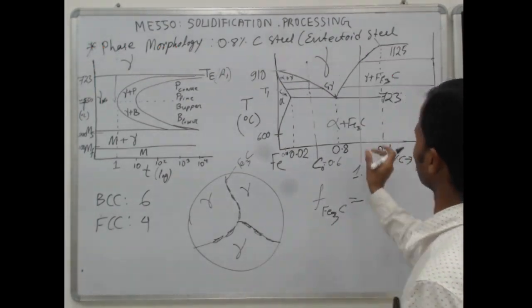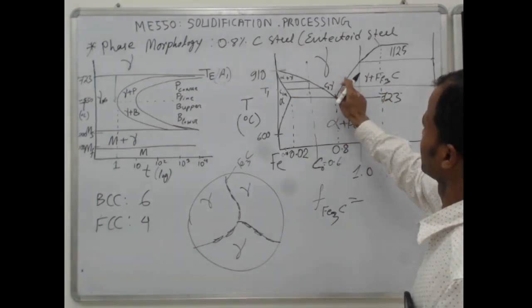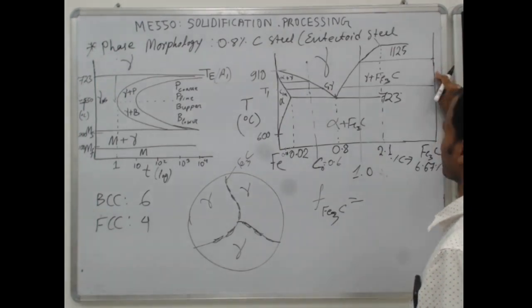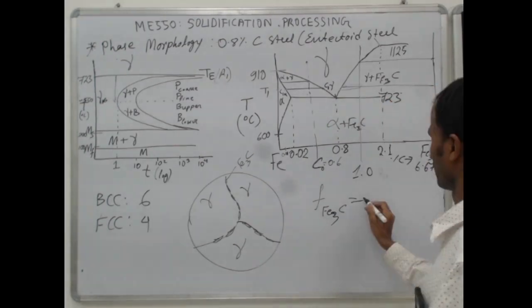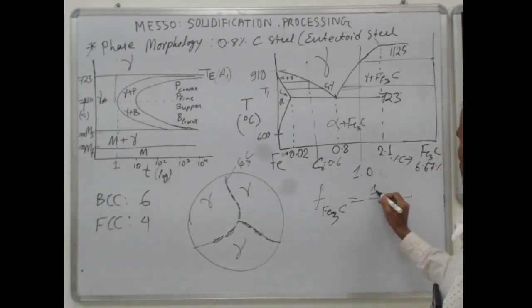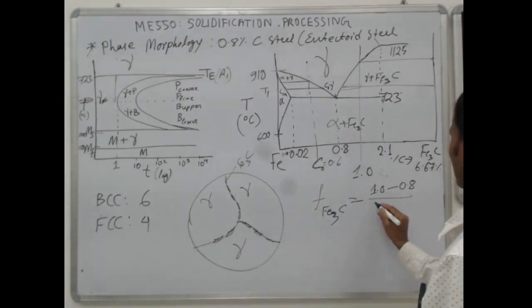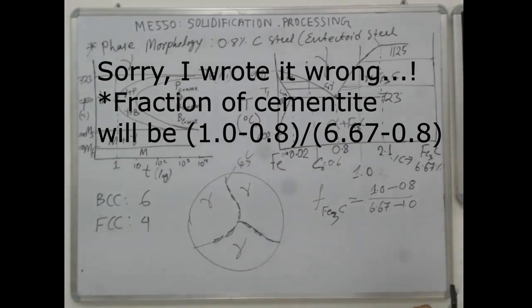Cementite is on this side and on this side you have the austenite line, this is the cementite line. So if you want to know the cementite percentage, this is the overall composition, by using the lever rule, which is 1.0 minus 0.8 divided by 6.67 minus 1.0.